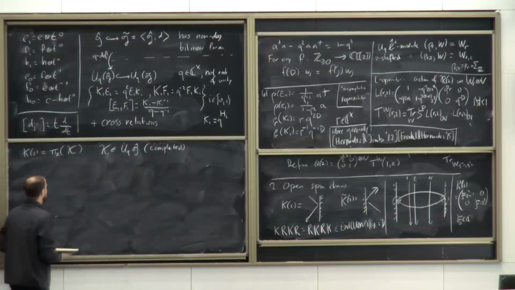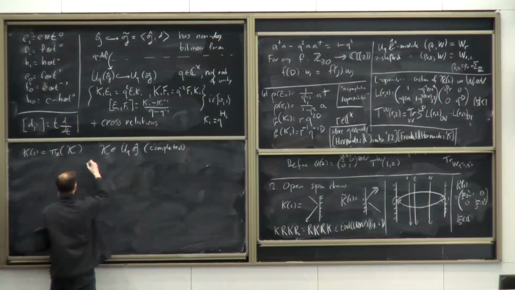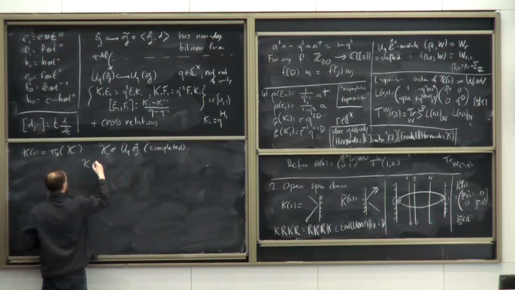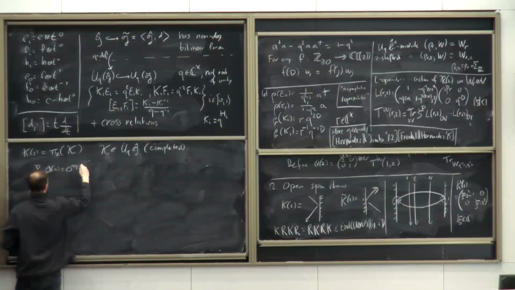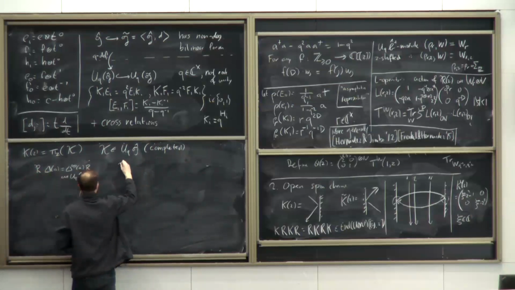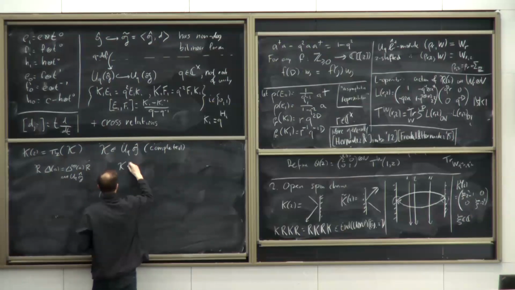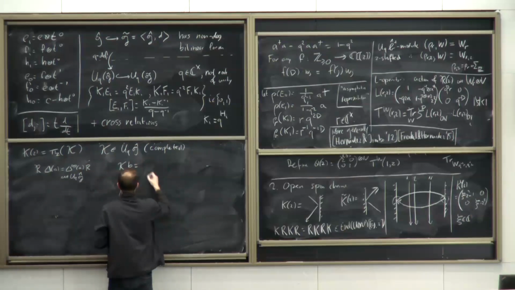So I'll mention two important relations here. So remember, to contrast it, the R matrix satisfies this linear relation for all elements in the quantum group, U_q(g hat). The K matrix satisfies some kind of similar equation for a subalgebra.